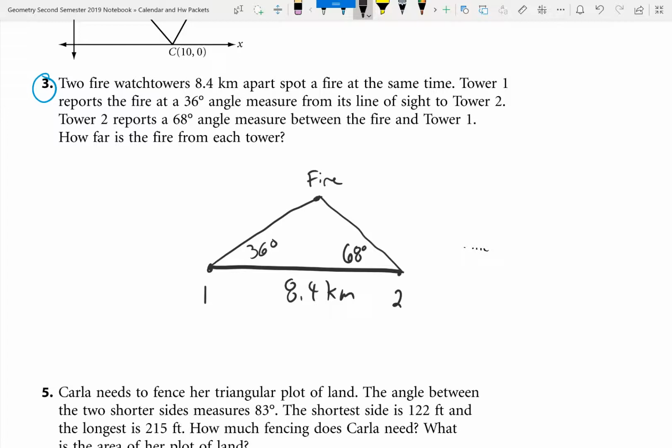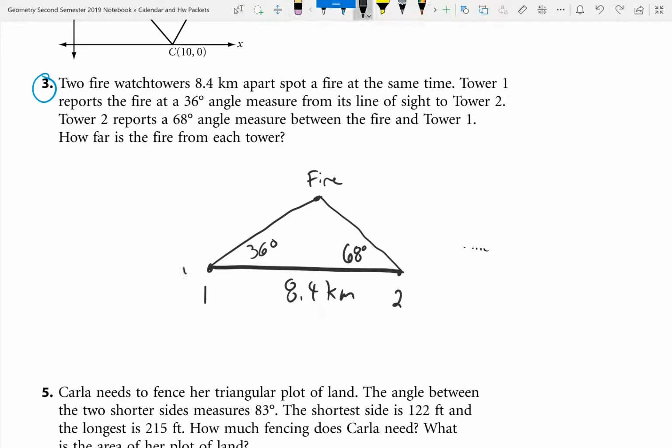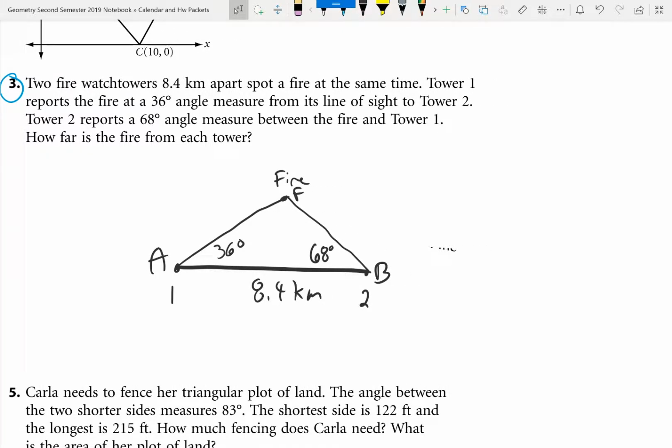So if we call this A, B, and we'll call this F for fire. So we need to figure out what little a, little b are.